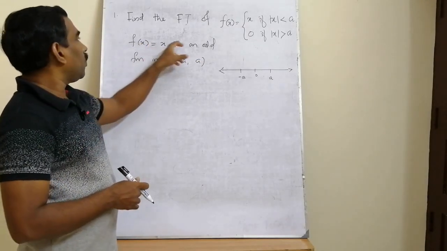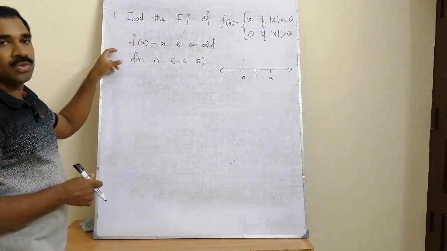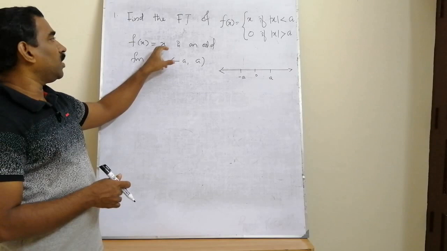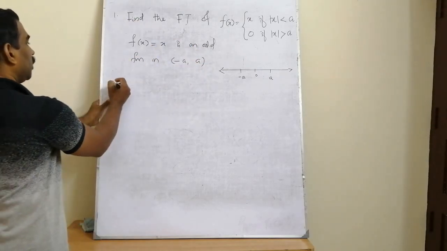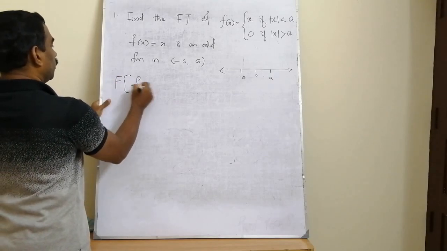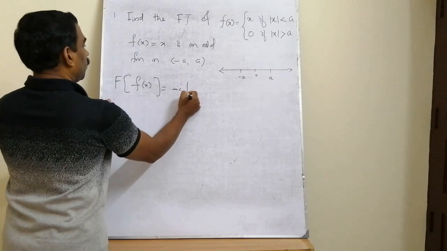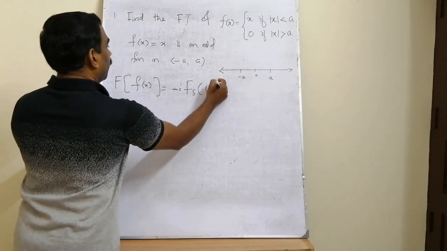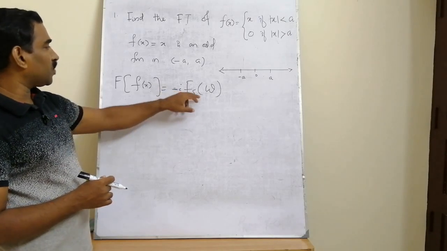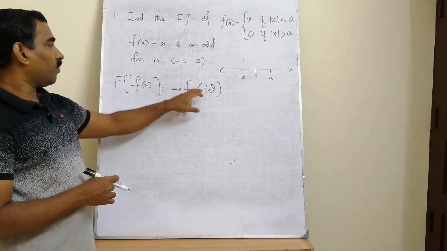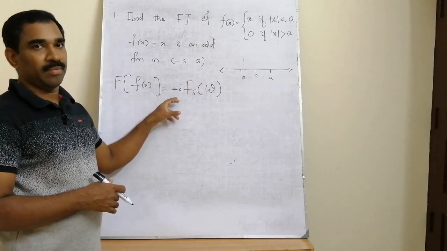Since this function f(x) equal to x is an odd function in minus a to a, its Fourier transform is equivalent to minus i times the Fourier sine transform, because we are computing the complex Fourier transform. That is, F of f(x) is equal to minus i into Fs(omega), where Fs(omega) is the Fourier sine transform. We are multiplying this Fs(omega) with minus i because we know that the Fourier sine transform and Fourier cosine transform are always real numbers.